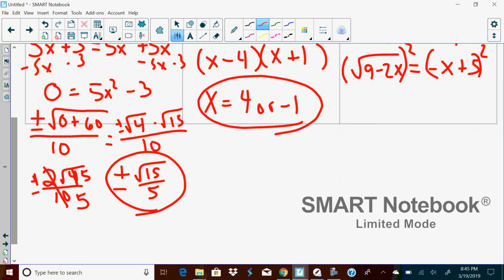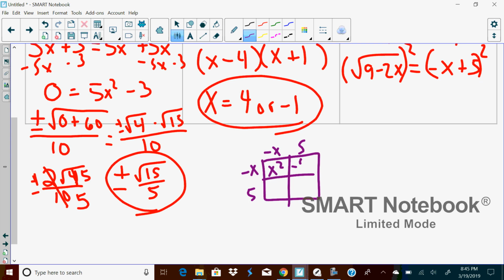So when I square the negative x plus 5, I'm going to get x squared, negative 5x, 25.